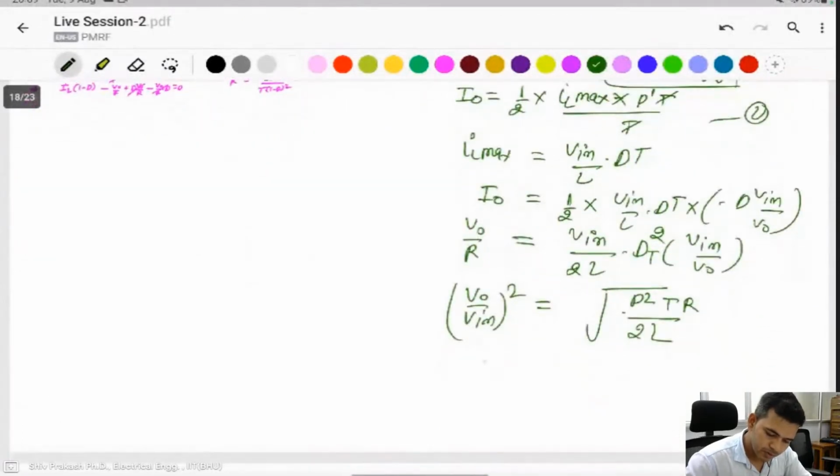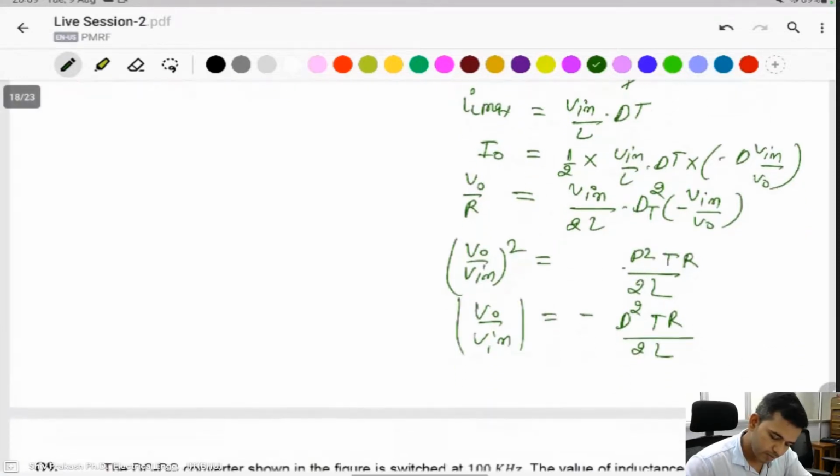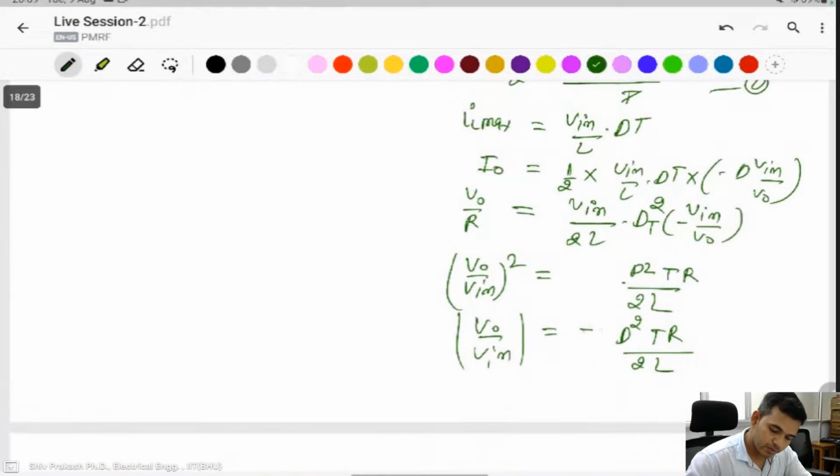Yes, this one. Sorry, V naught square, so to say V naught by V in, to minus here also minus t square tr divided by 12. Take the magnitude, then minus cancels out.